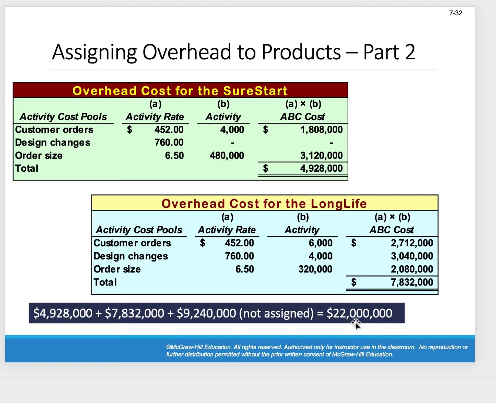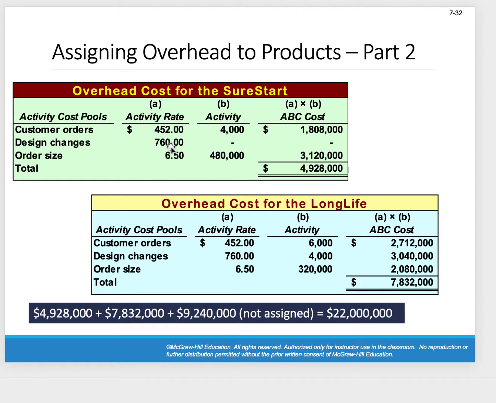Here we're working with these activity cost pools, so we're going to apply the activity rate. Think of the predetermined overhead rates, same thing, but a little more detailed because we have 3 different activities. We're going to take that rate and multiply it by the actual activity that job incurred.